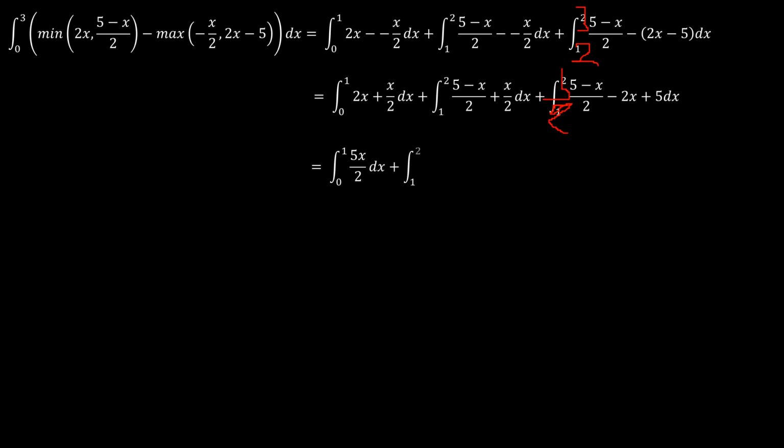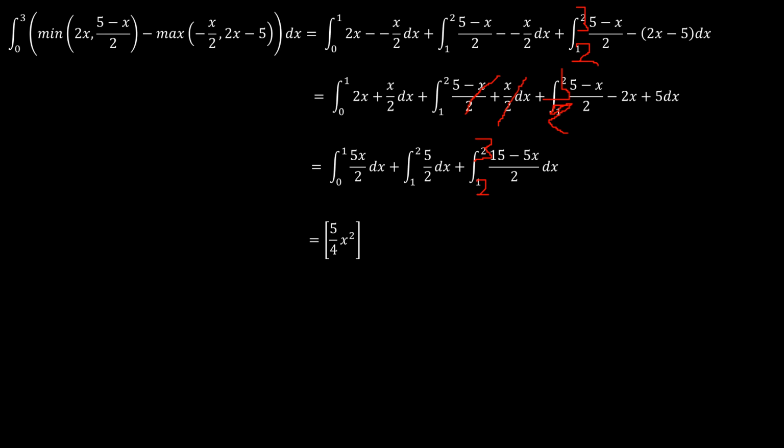So eventually we have 5x over 2 in the first interval. We have here this and that cancels, and so you have 5 over 2 left. And then from 2 to 3 here we have 15 minus 5x over 2.